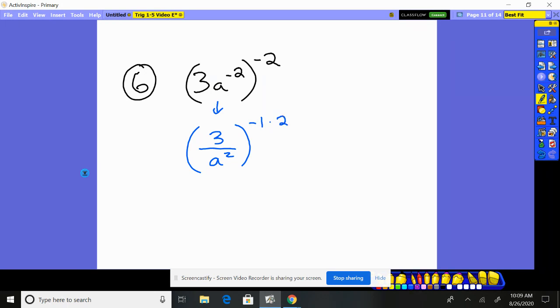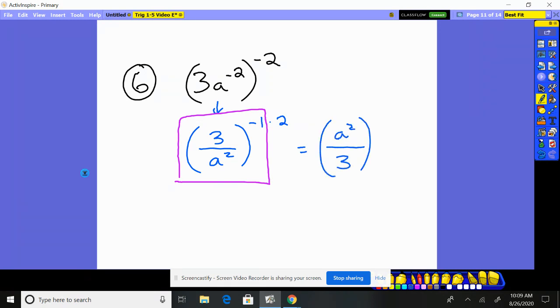Now I'm going to do what the last problem said to do: I'm going to simply evaluate this. A negative 1 means nothing but flip everybody. So we're going to basically flip everybody. So the 3 will go to the bottom. The a squared will go to the top. And now I've taken care of that negative 1, so it's gone.